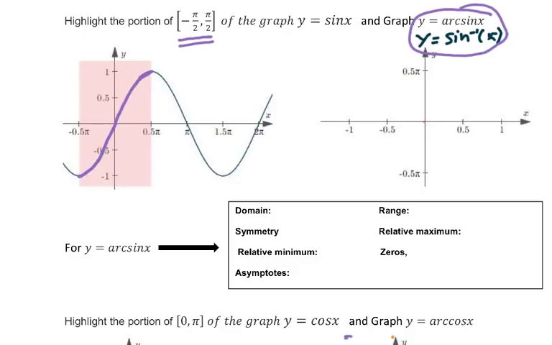For this portion, we do a horizontal line test, and we know this is a one-to-one function.